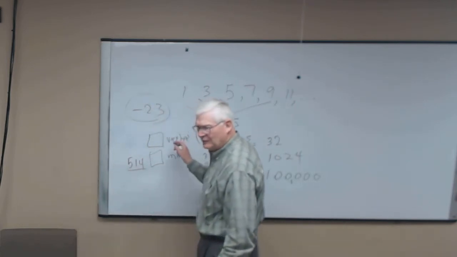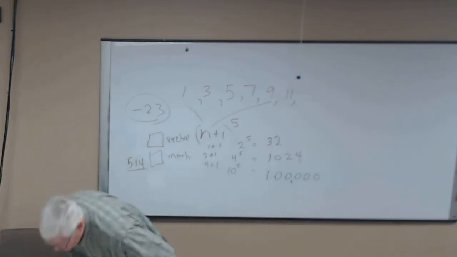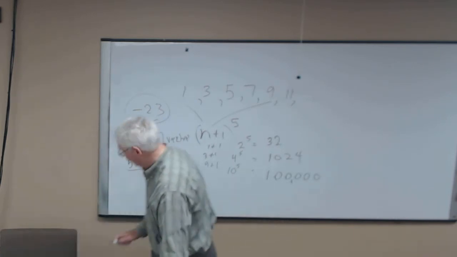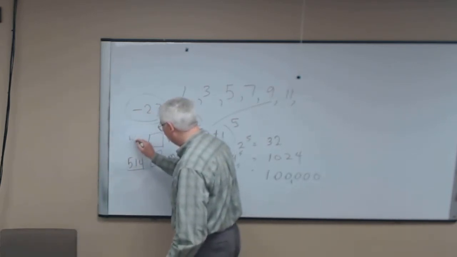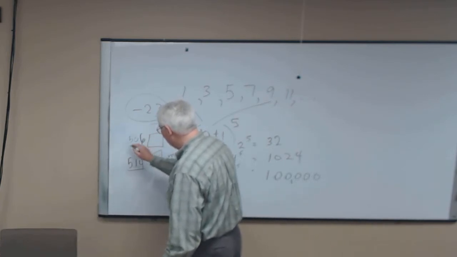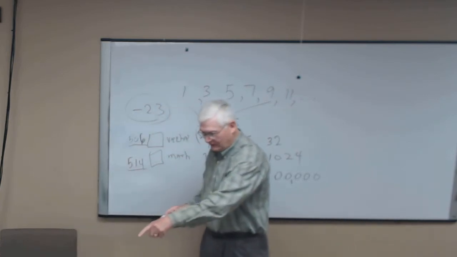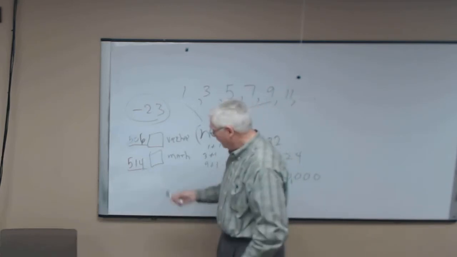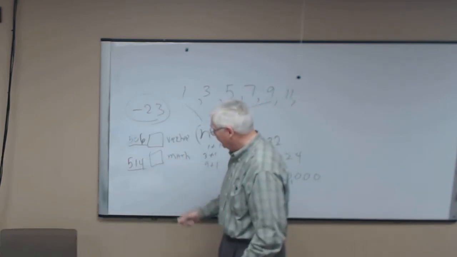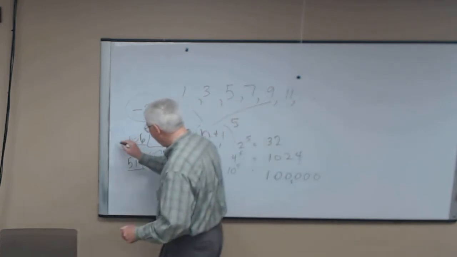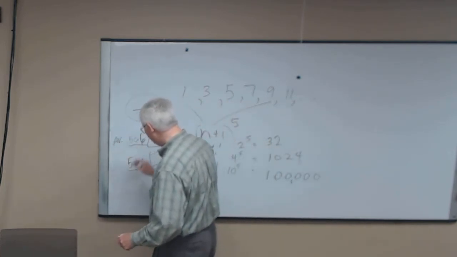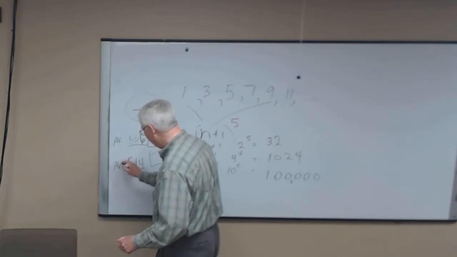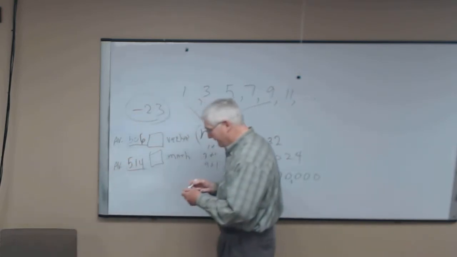What's the average verbal score? 506. So I just wrote those right next to my chart. I don't know why the people who put that chart there didn't put this information down there, that this is the average verbal score, and this is the average math score.